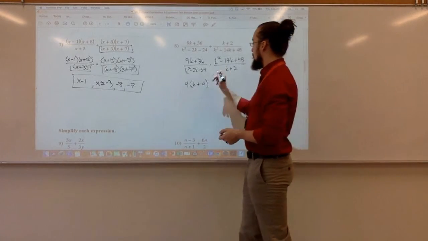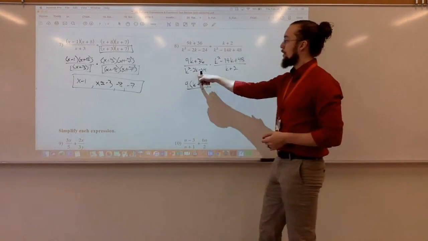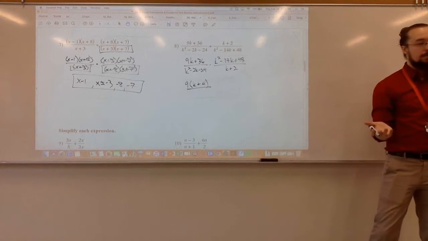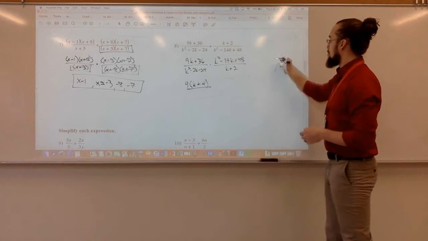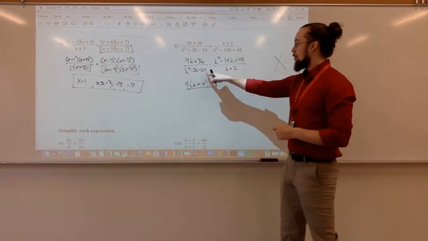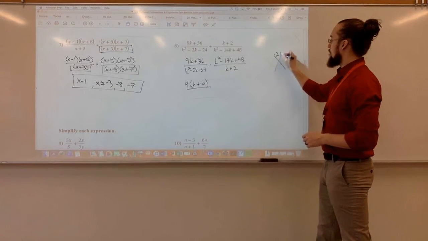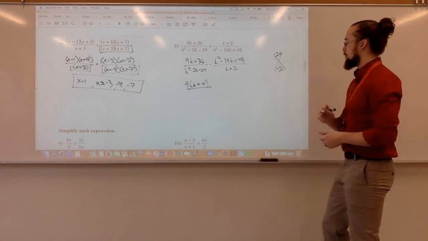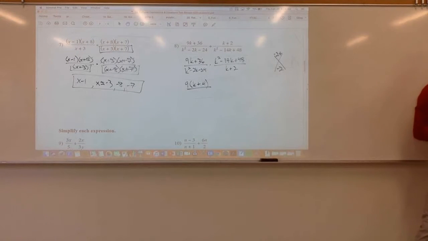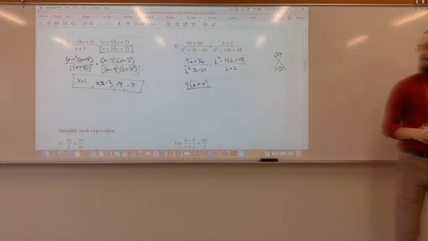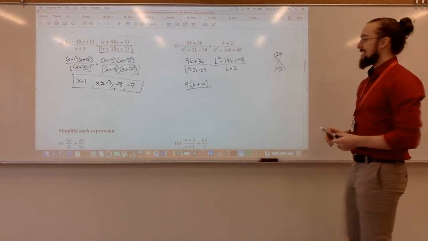Then both the denominator here and the numerator here will have to be factored. So I'll come off to the side here. I want two numbers that multiply to negative 24 and add to negative 2.